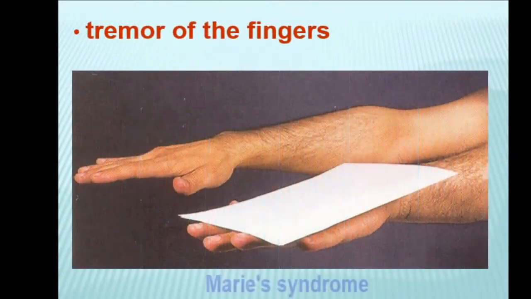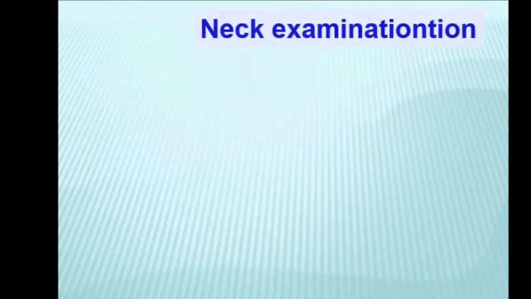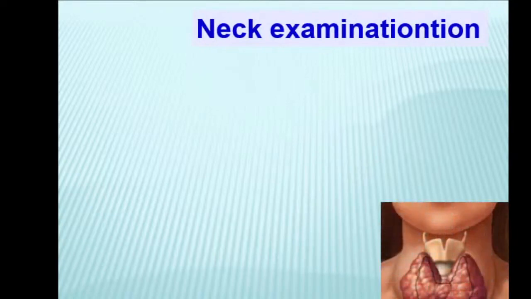We can see tremor of the fingers. If it's invisible, we can check it by asking the patient to strain his hand and putting some paper on it, which visibly moves. Positive Marie syndrome. Local examination. Neck examination, first of all. I told you that normally the thyroid gland is invisible and impalpable.